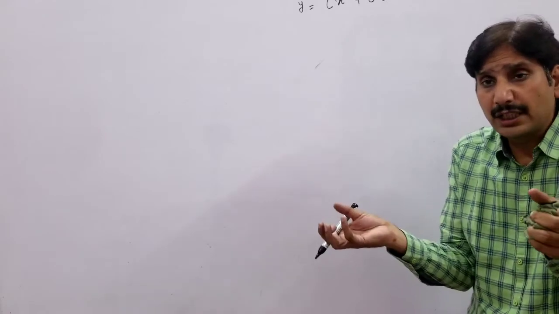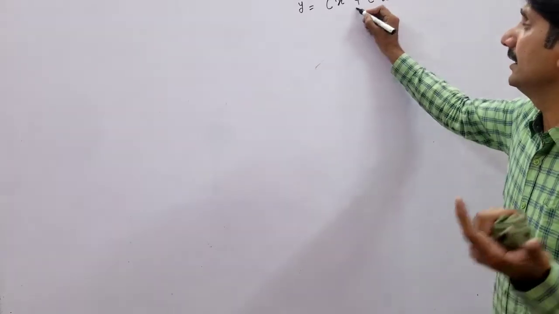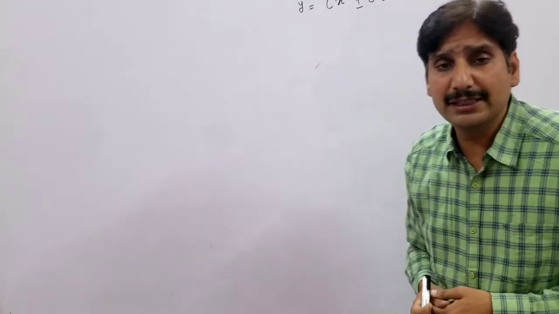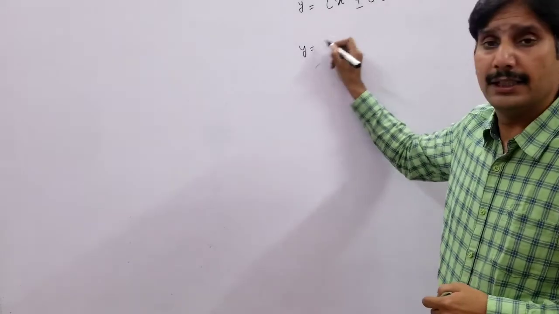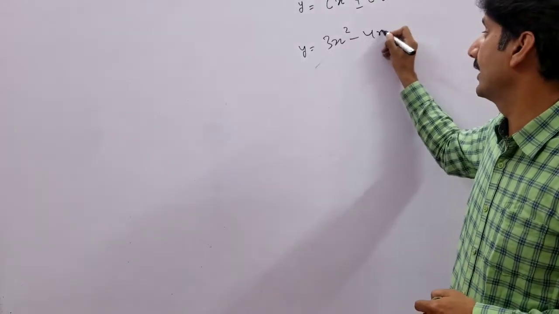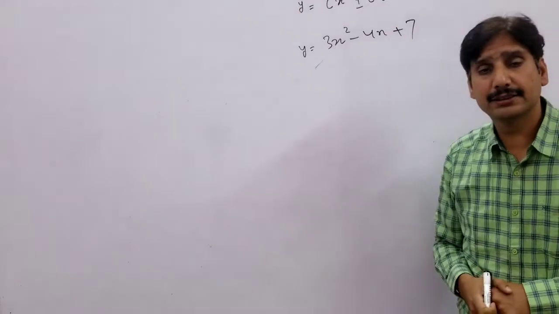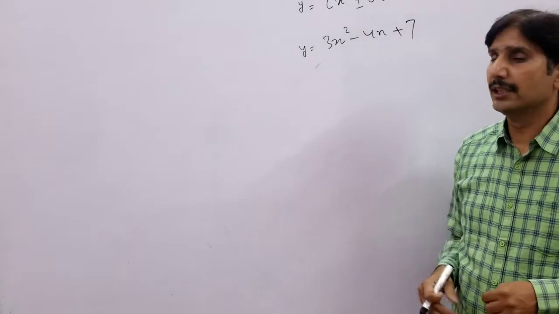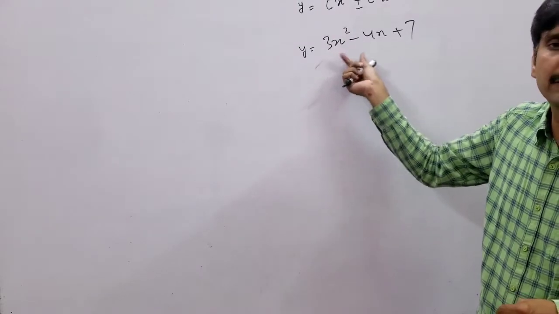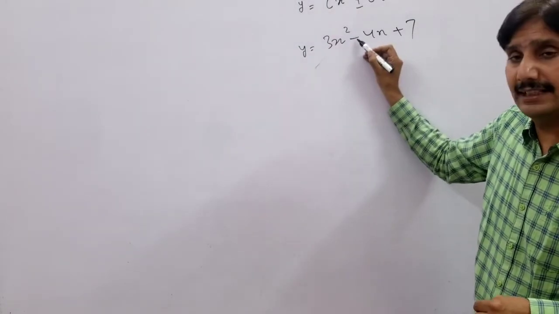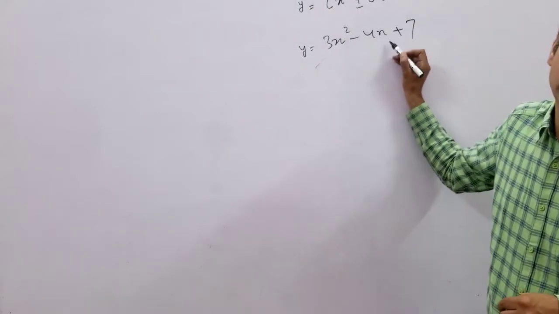That means two terms are being added up, or even for that matter, let's say being subtracted. Example, let's say 3x squared minus 4x plus 7. No problem. We simply differentiate them individually. If there is a negative sign, write down negative. If it is a positive sign, write down positive.